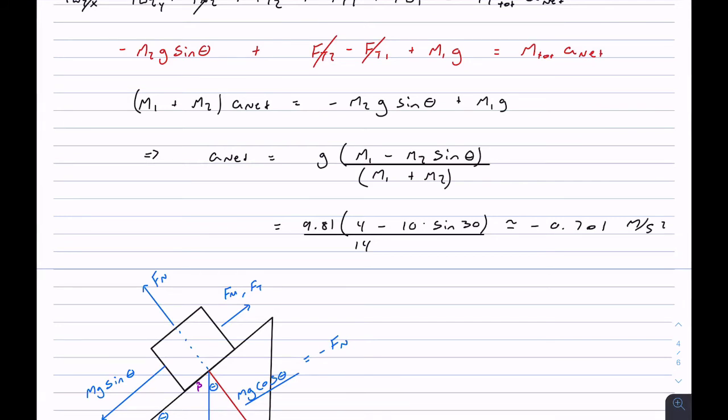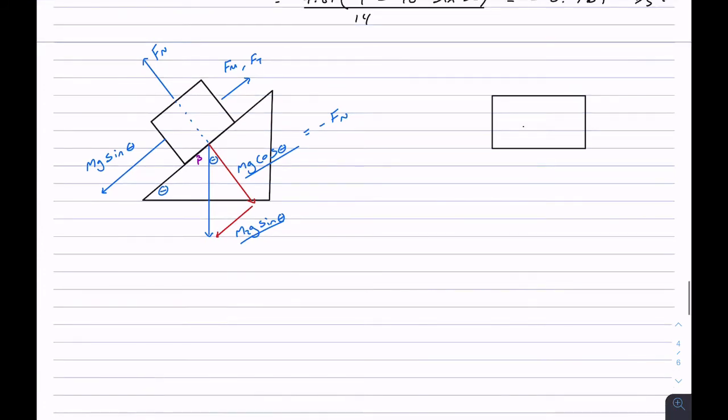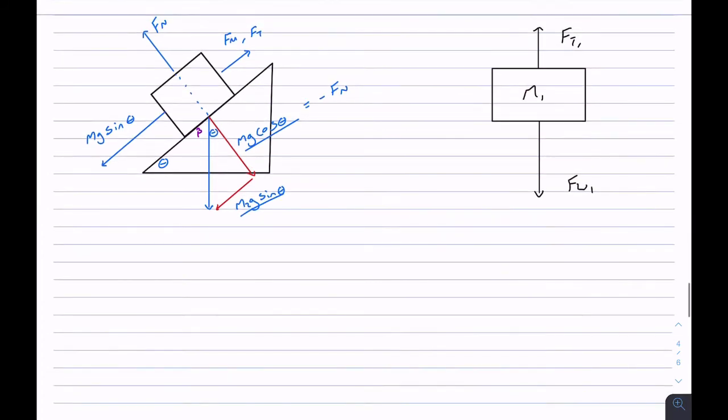Now we need to find the next part, which is, what is the tension in the cord connecting the boxes? This is going to be M1, right? And then we had a tension force up here, FT1, and we had a weight force down here, which is FW1, I'm going to say. So let's just use that information, and recall that we just found the net acceleration.